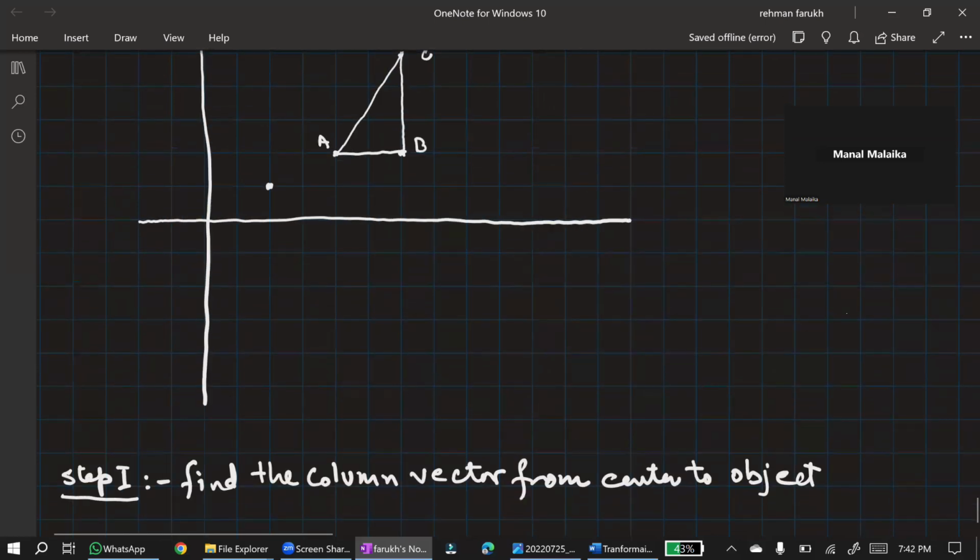Here the center is (2, 1). This one is the center X. The object is A. What's the column vector of A from the center?